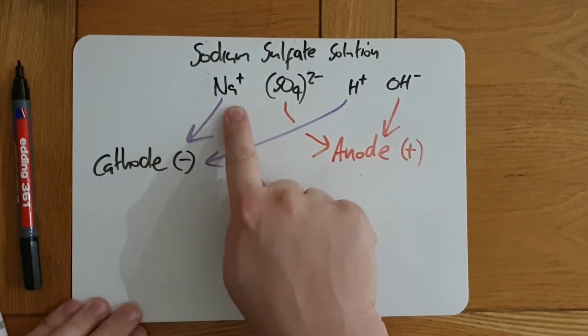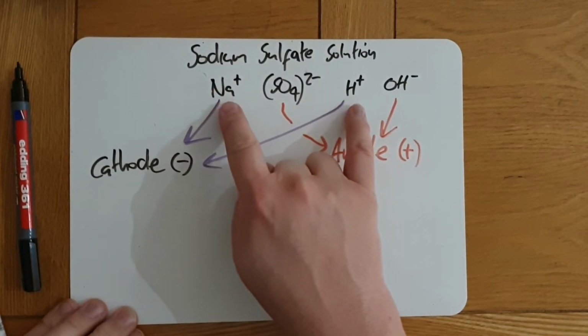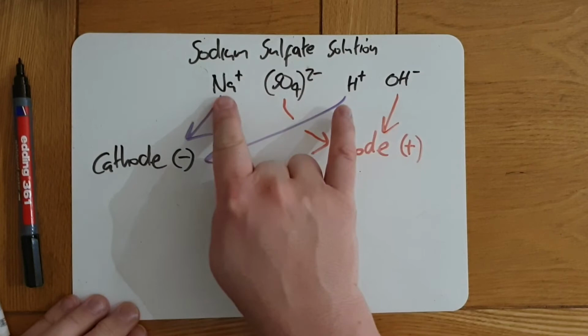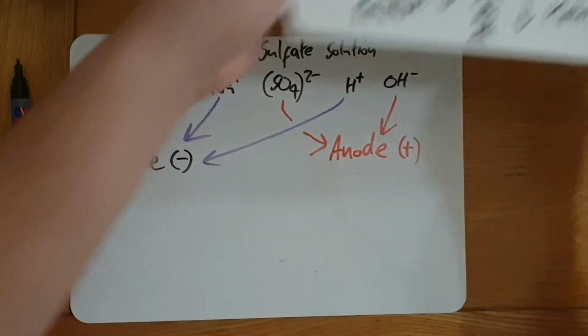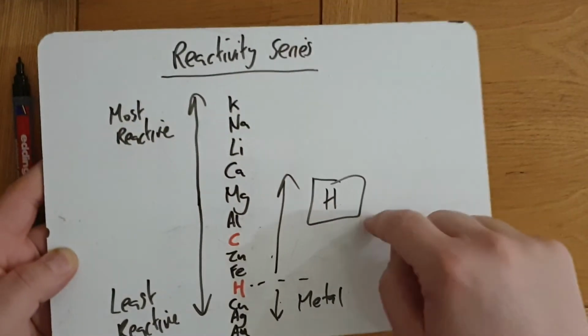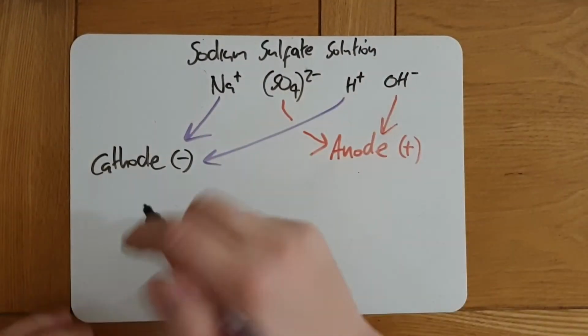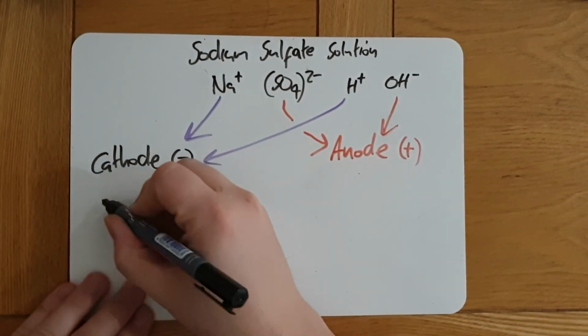Right, and there's not loads of these to remember because this is a pattern. We've already done what happens when you've got sodium and hydrogen. It's exactly the same as the previous one when we did sodium chloride, because we're dealing with either sodium or hydrogen. If you remember, sodium is more reactive than hydrogen, which means we're just making hydrogen. I'm not going to go through this, I'm just going to write it because it's exactly the same as the previous one.